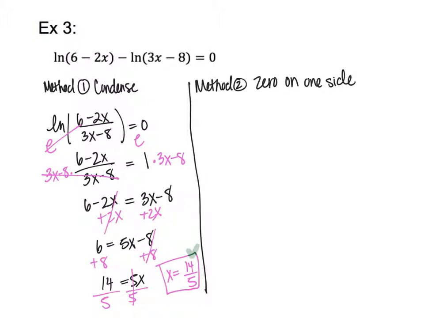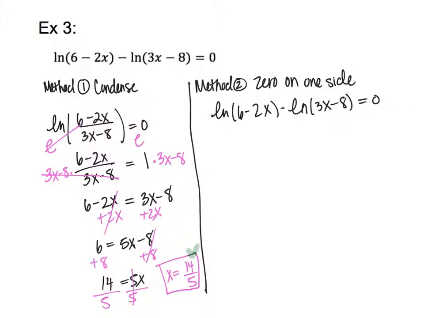I'm just going to rewrite the problem here. You can move one of the ln's, particularly this one here because there's a minus sign. Because there's a minus sign here, I can add to both sides this ln, and that would cancel, and then that would go to the other side.